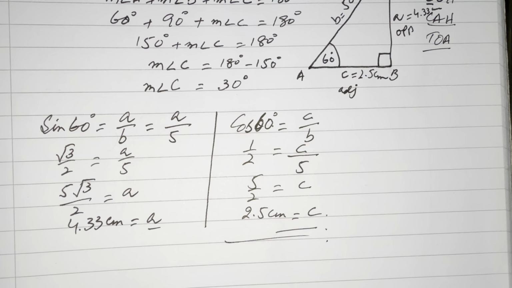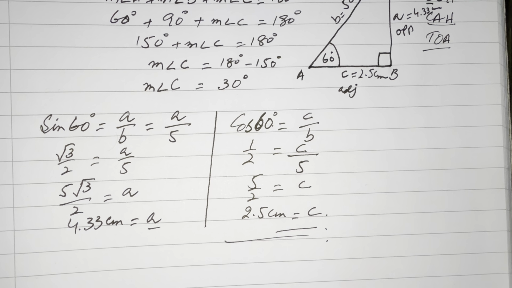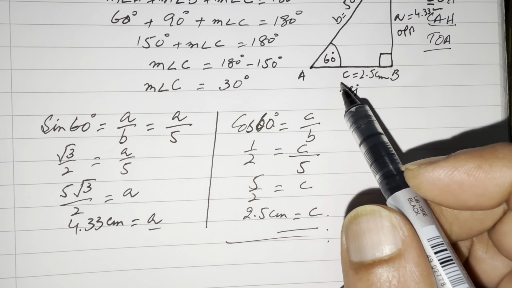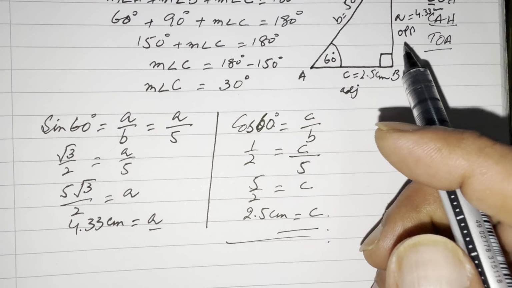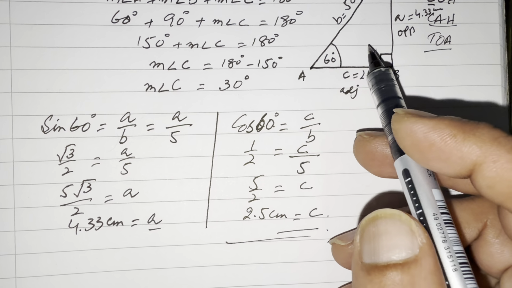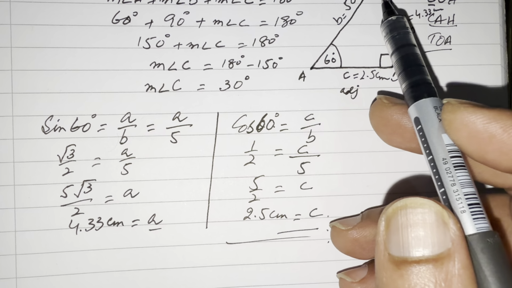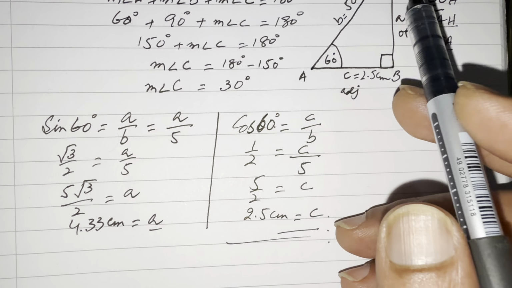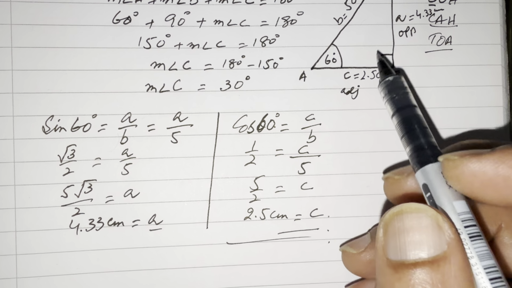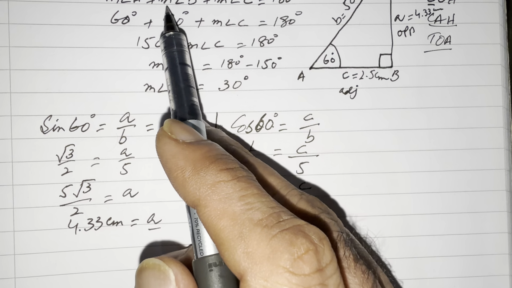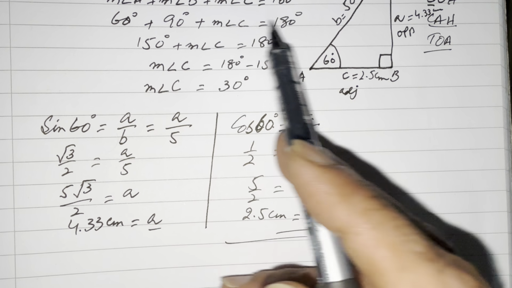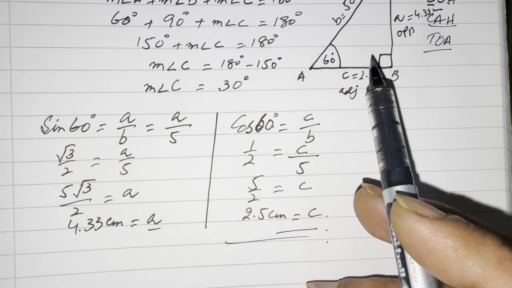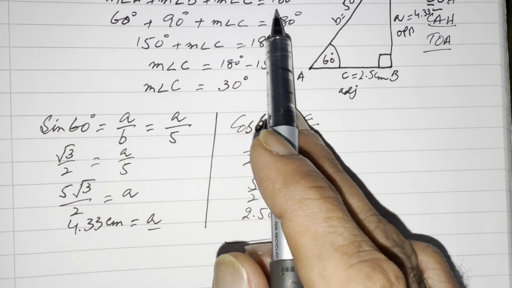So that's how, with the help of trigonometric ratios, we can find the lengths of the right angle triangle. Just keep this in your mind, that solution of the triangle means that we have to find the angles of a right angle triangle and the lengths of the sides of a right angle triangle. With the help of the formula, as we know, the sum of angles of a right angle triangle is always equal to 180 degrees.